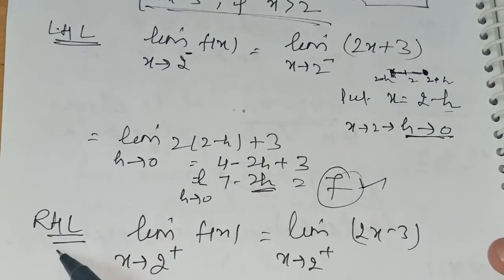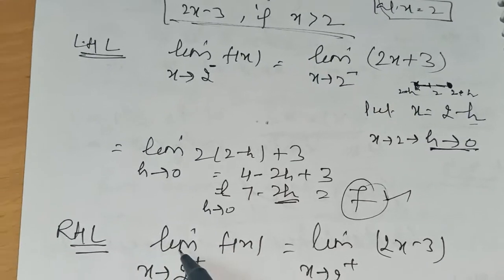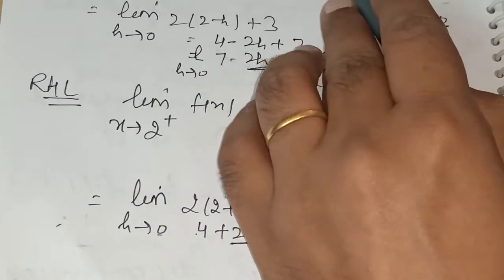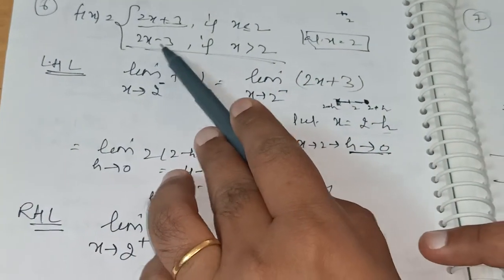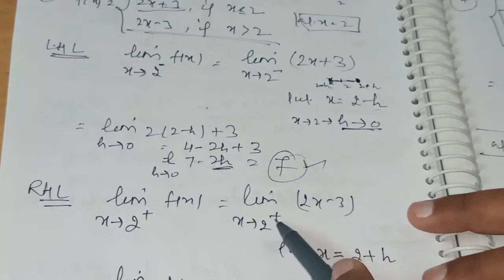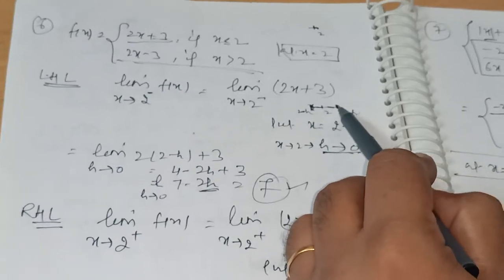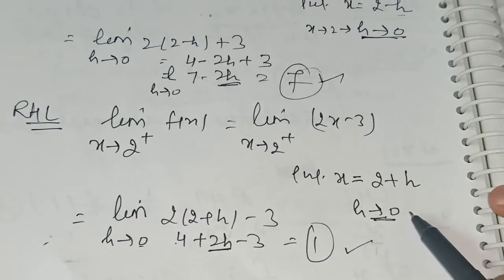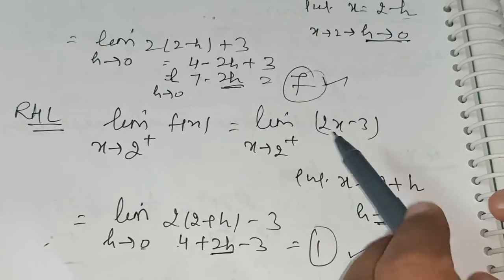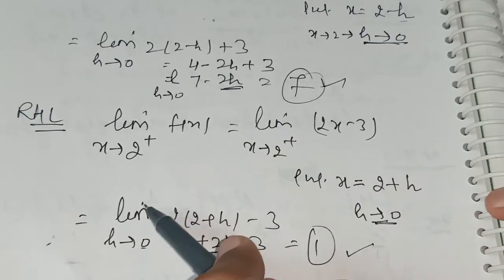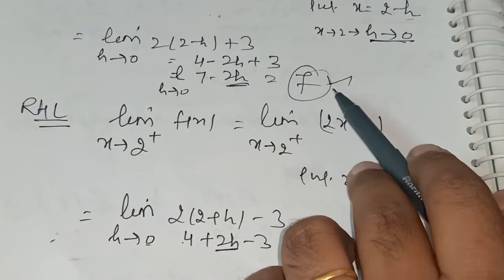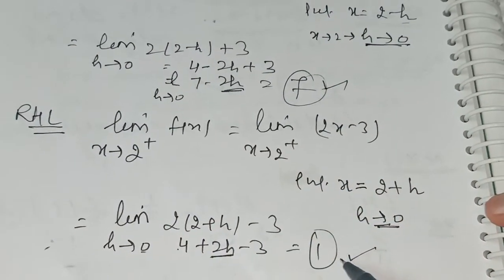Now RHL, a similar procedure. Limit as x tends to 2 positive of the function. 2 positive stands for greater than 2, and for greater than 2 we have the function 2x minus 3. Now 2 positive stands for the right hand neighborhood, so x is replaced by 2 plus h, h always tends to 0. Replacing x by 2 plus h, the limit is converted into h tends to 0, and we get 1. So in the left hand limit we get 7, in the right hand limit we get 1.